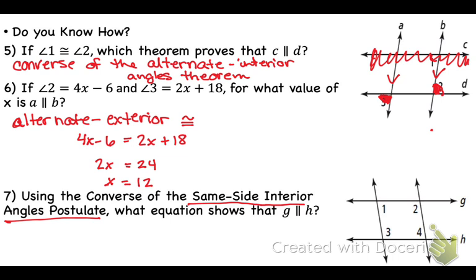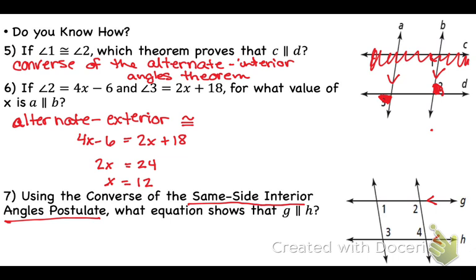So we're going G is parallel to H. Yes? There's too many big words in that. Definition. So what do we know about the same side interior angles? They're supplementary. That means they equal 180.